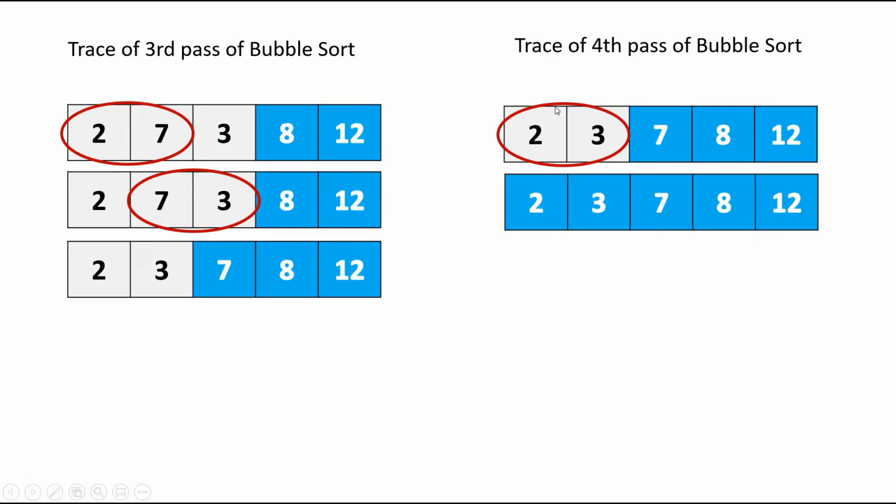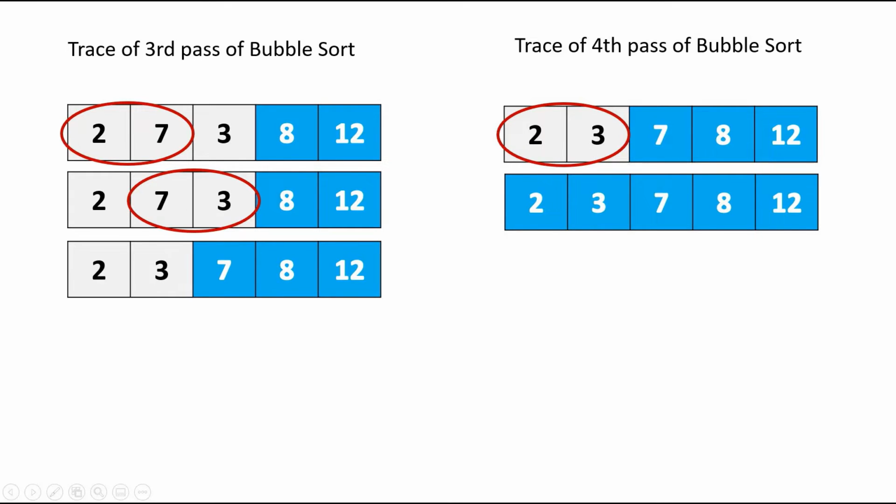Okay, in the fourth pass we have only 2, 3 in the unsorted part. So there will be only one swap, if there is a possibility to change. So we compare 2 and 3. This is already in ascending order. Okay, 2 and 3.